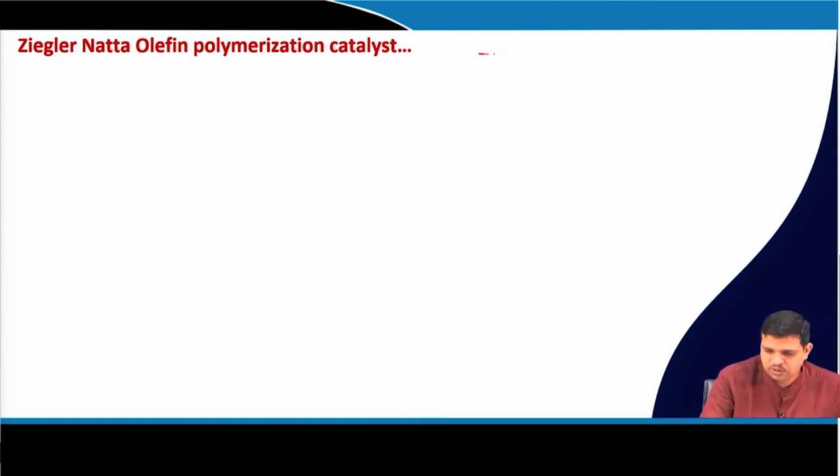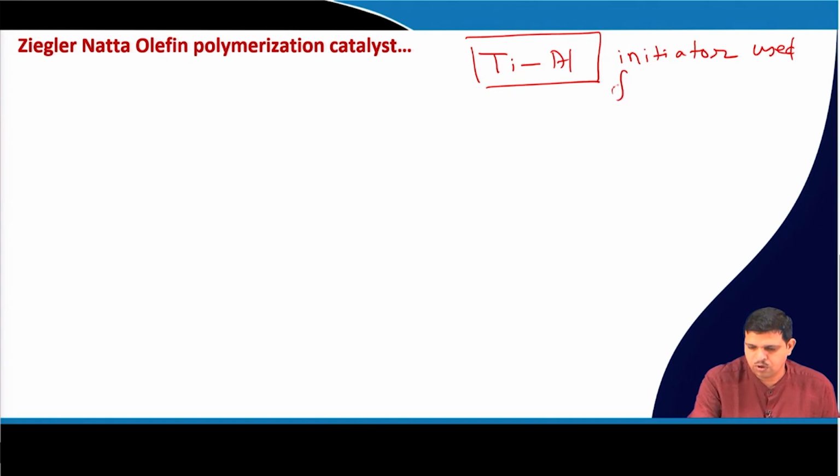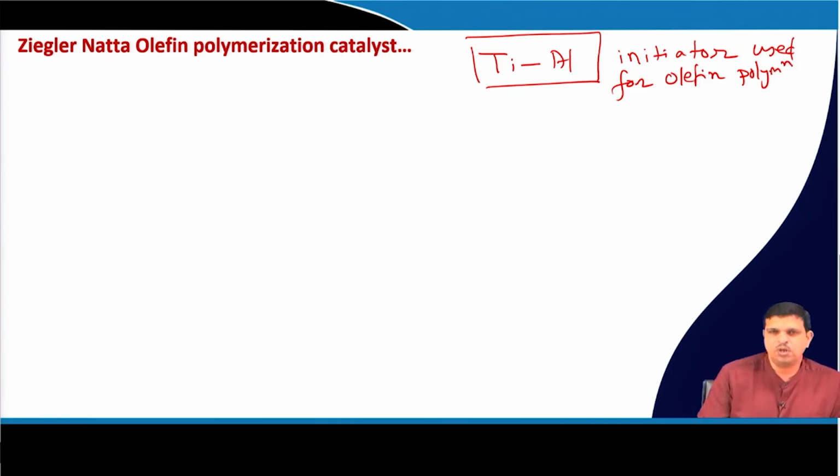So as I told, this is a bimetallic system, a titanium aluminum system. Now this is the titanium aluminum based initiator used for olefin polymerization, especially to make the stereoregular IPP polymers.